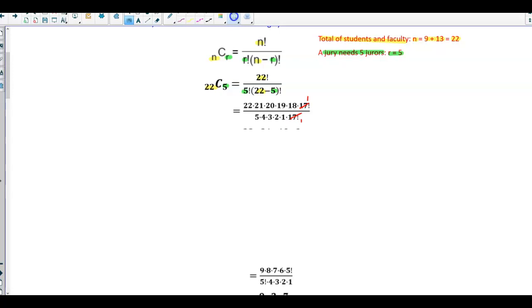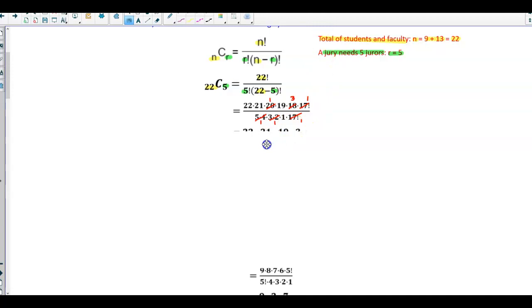Okay, the next thing we need to do is see if we can simplify anything else in the denominator and numerator. Well, if we multiply 5 times 4, that's 20. So that's going to go into the 20 in the numerator, which makes that a 1. And then we also know that this 3 times 2, which is going to give us 6, goes into 18 3 times.